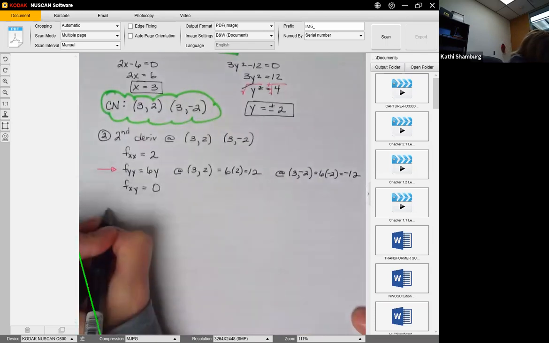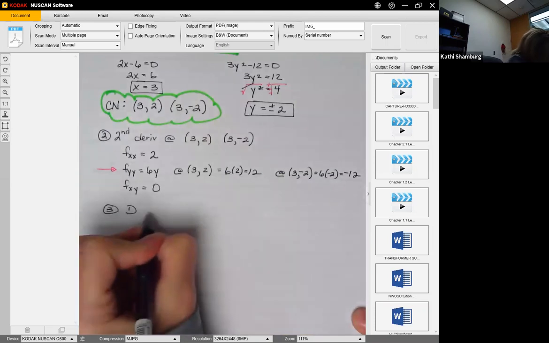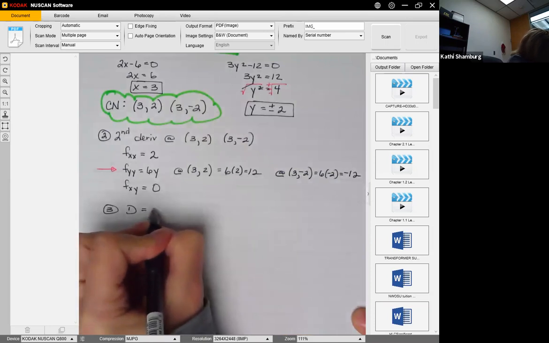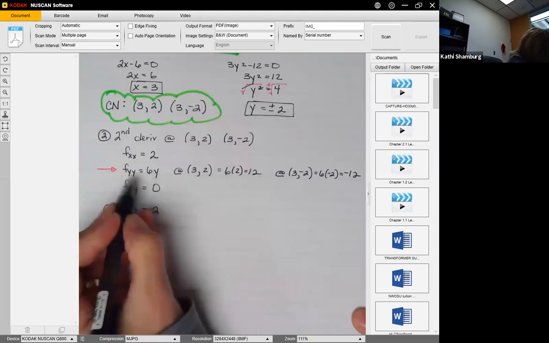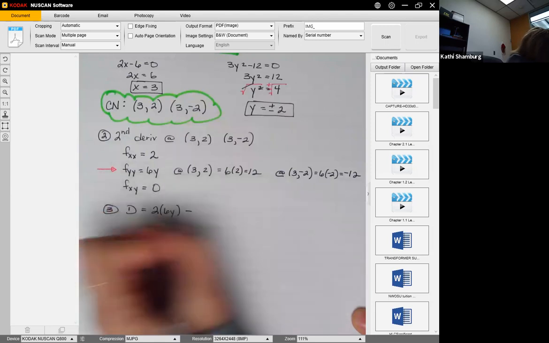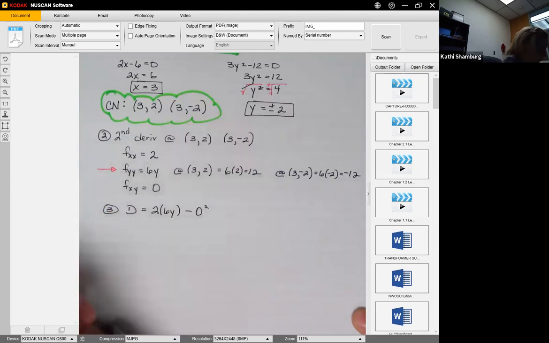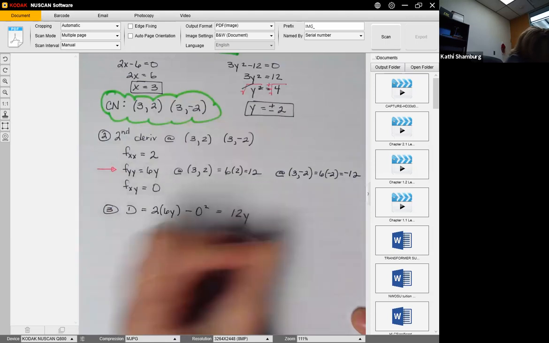So that brings us to the D test. Now, if you remember, it's f sub xx times f sub yy minus f sub xy squared. So what that gives us is 12y.